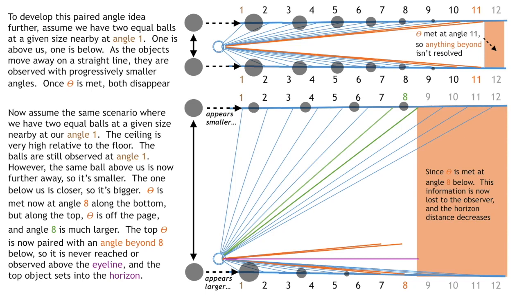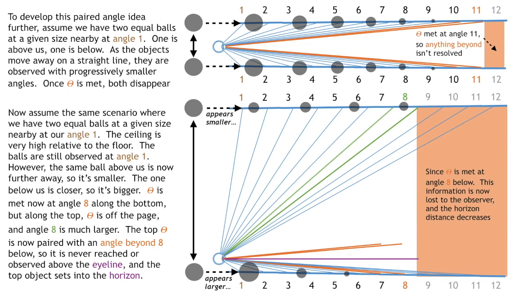So our angle 8 now along the top, you can see is much bigger in comparison to angle 8 along the bottom. And if we try to find what theta would be, what angle that would correspond to, along the top, it's off the page. It would be in the hundreds, possibly.